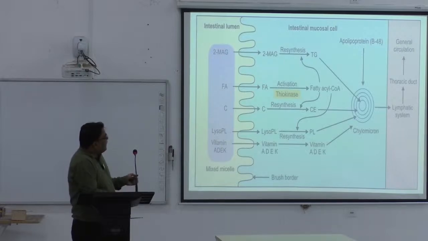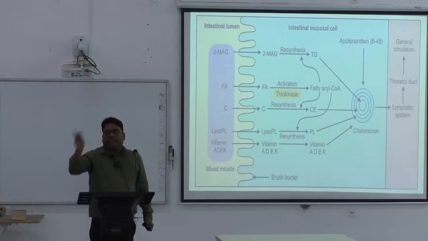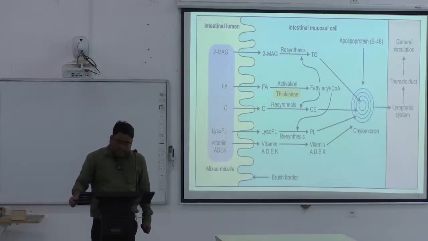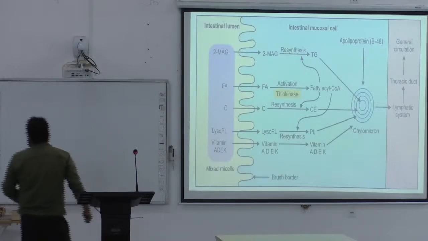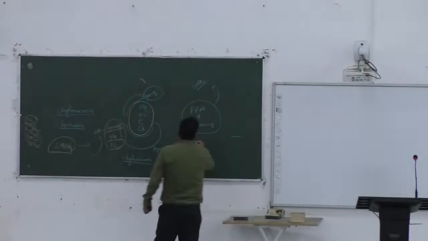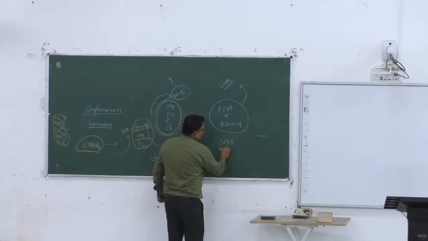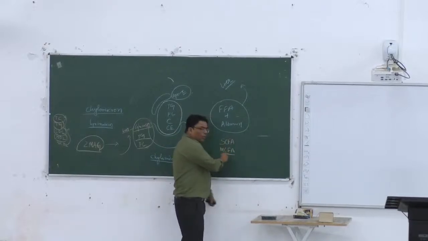But keep one concept in mind: there is reesterification occurring in the intestinal mucosal cell. And there is also the presence of short chain fatty acid and medium chain fatty acid in the blood, which are not transported in these forms.